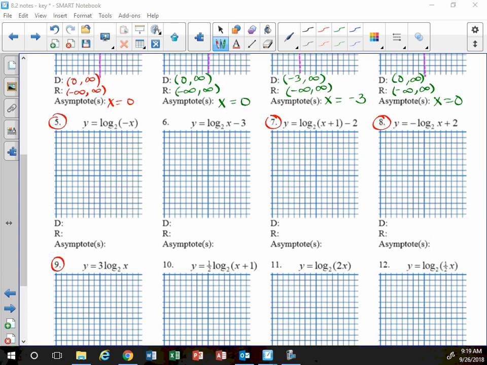So that's why every time you start with your point. Negative x.